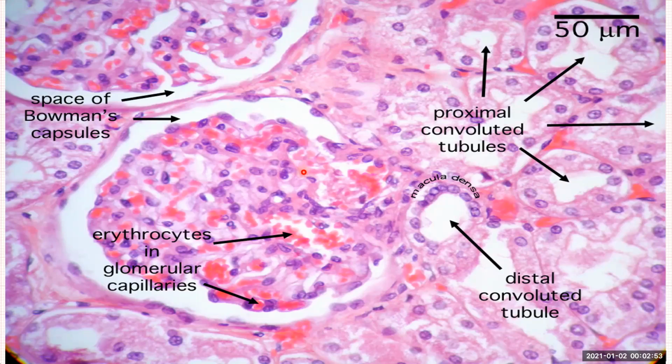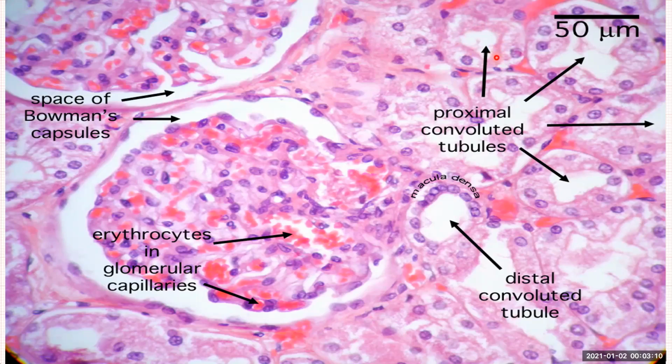Now what you see here is the cells of the proximal convoluted tubule. As we just discussed, these epithelial cells are cuboidal and a little bigger as well. As these have microvilli, here we see a little brush border.